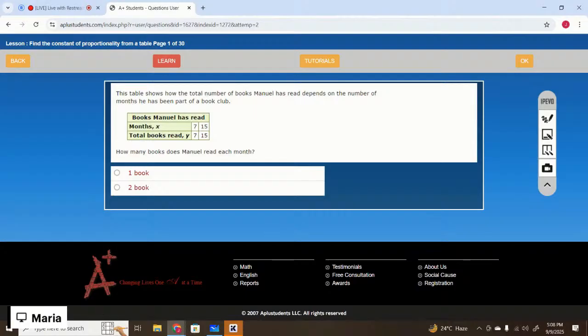The table shows how the total number of books Manuel has read depends on the number of months he has been part of the book club. How many books does Manuel read each month?